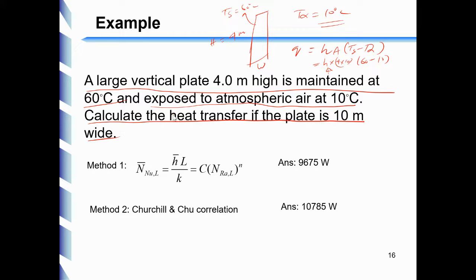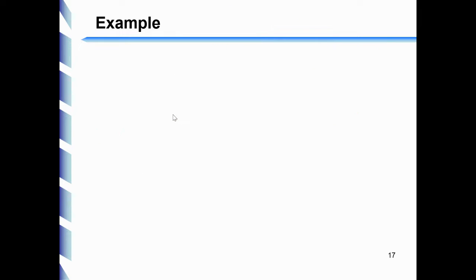So we have to use the Rayleigh number. Rayleigh number equals g beta delta T L cubed by, so this is Grashof and Prandtl.